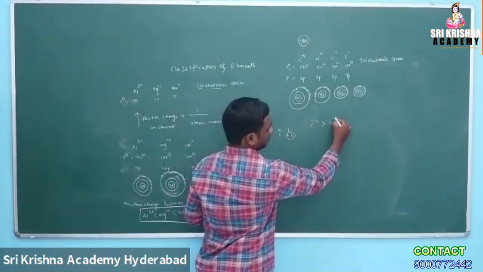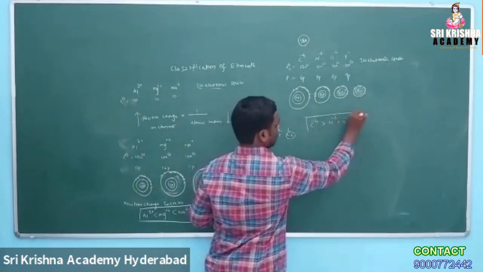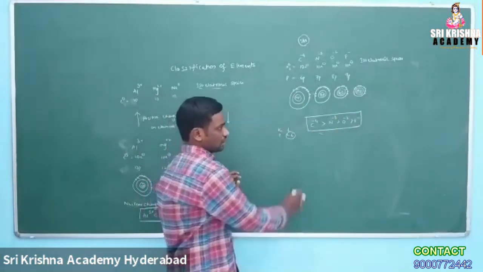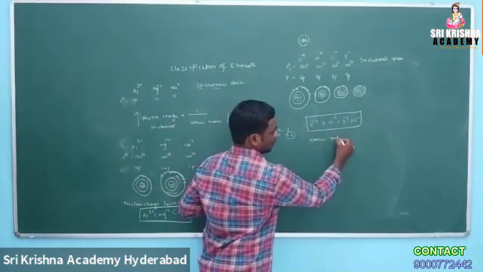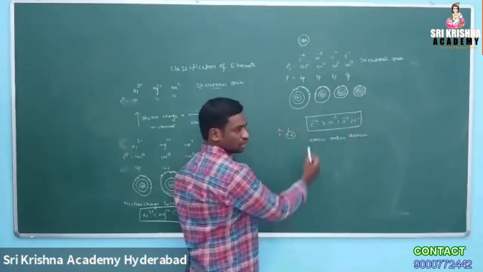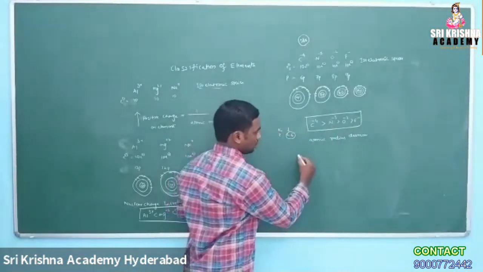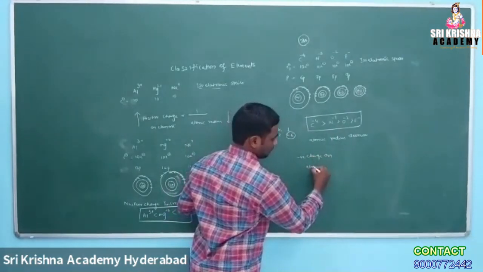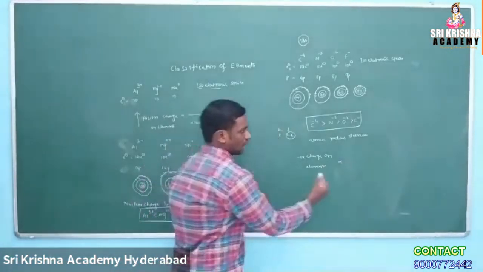Next N3-, next O2-, next F-. So from C4- to F-, atomic radius values decrease. Atomic radius decreases as negative charge decreases. The negative charge on the element is directly proportional to atomic radius.